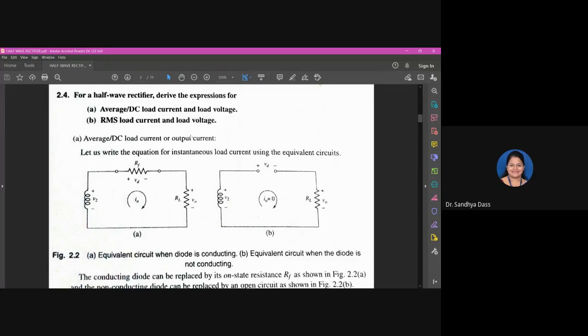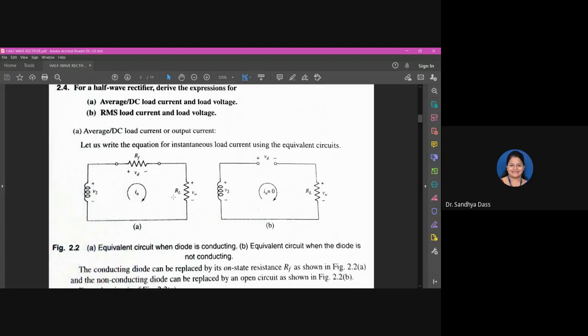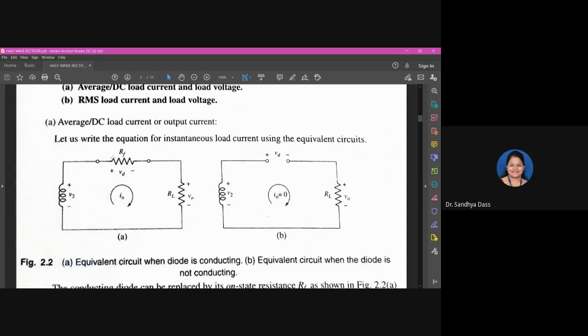We are starting from our discussion, taking the equivalent circuits when the diode is conducting and when the diode is not conducting. Observe that the diode in the circuit is replaced with its internal resistance RF.